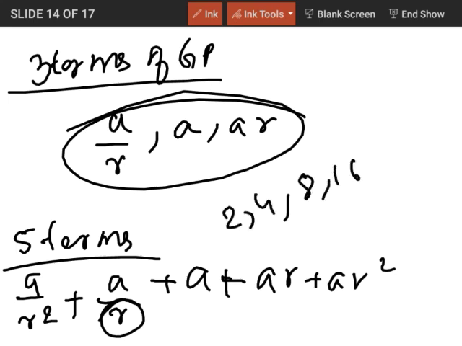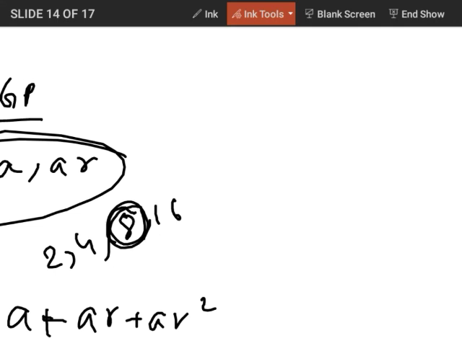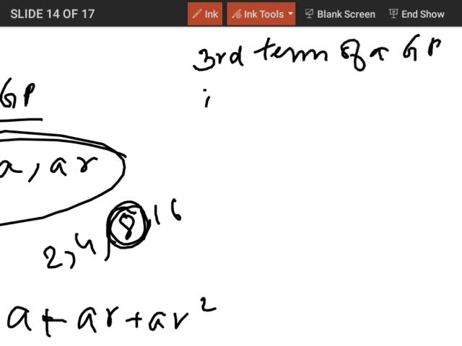this is in GP. If I am giving you a question, and you did not understand why I'm dividing by r, see, the question is given that the third term of a GP is 8 and the common ratio is 2.